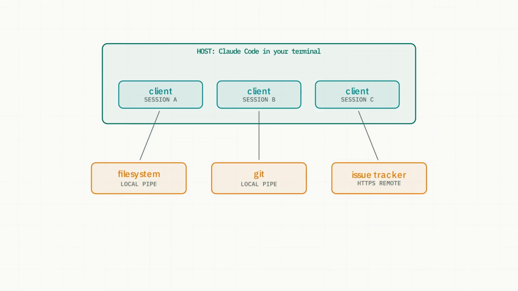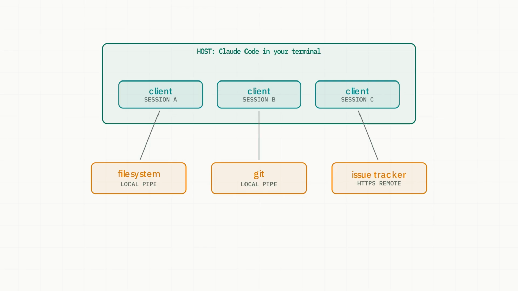Claude Code running in your terminal is the host. You've connected 3 servers: a local file system server, a local Git server, and your company's remote issue tracker server. Inside the host live 3 clients, one per connection, each maintaining its own session, its own negotiated capabilities, its own security posture. The file system client talks over a local pipe to a child process.